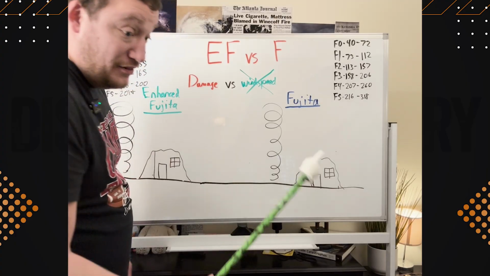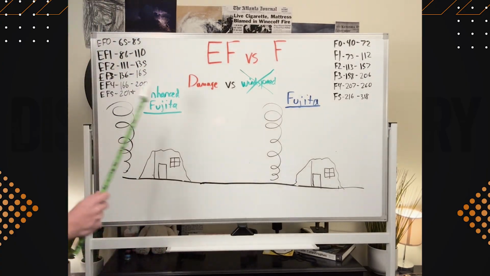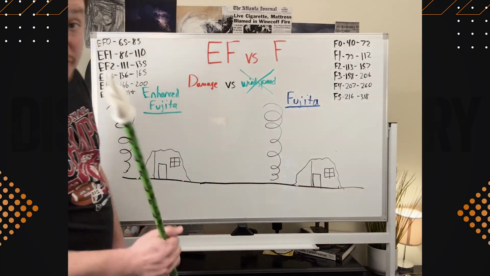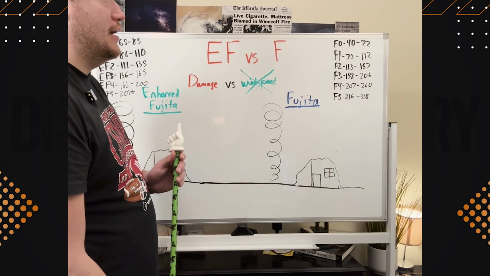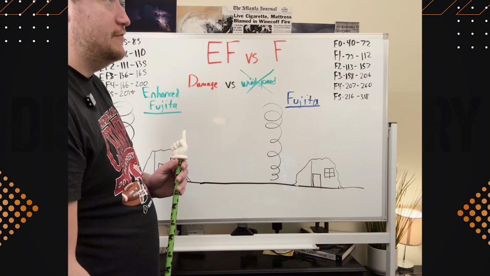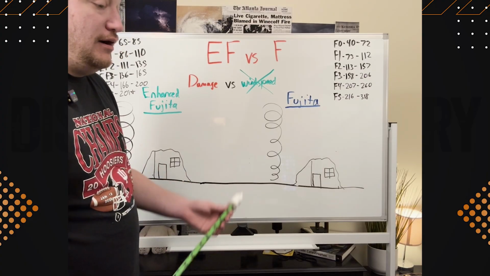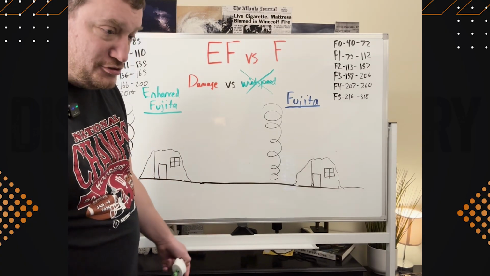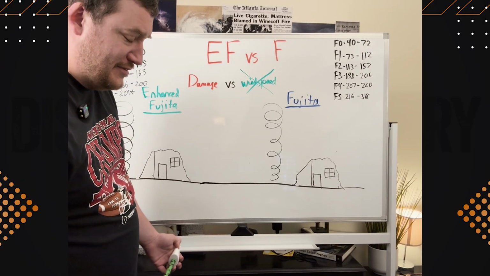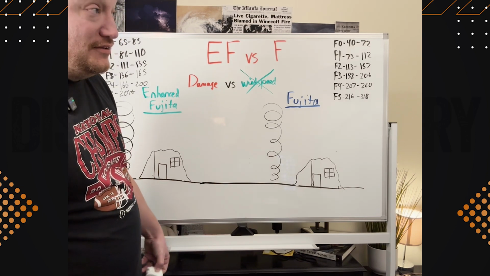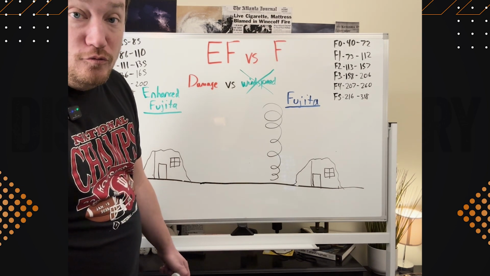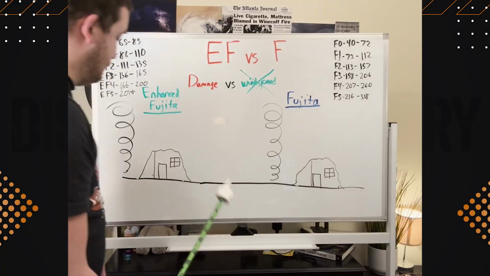For trees, the highest you can get is a low-end EF4. This actually just happened in Illinois last year. I cannot remember the name of the town off the top of my head, but it got an EF4 rating based on trees, and then they did some reanalysis of the damage and ended up assigning an EF4 rating to one of the homes that was struck and was swept away.